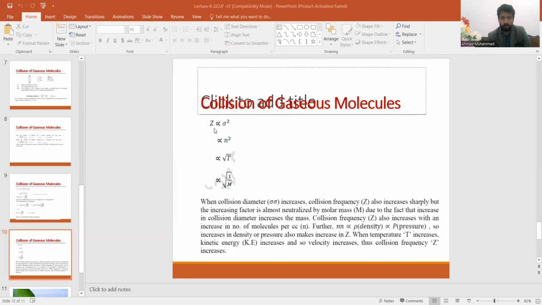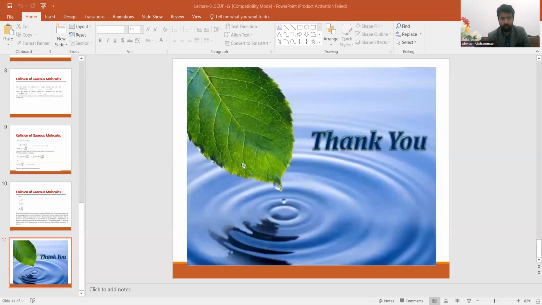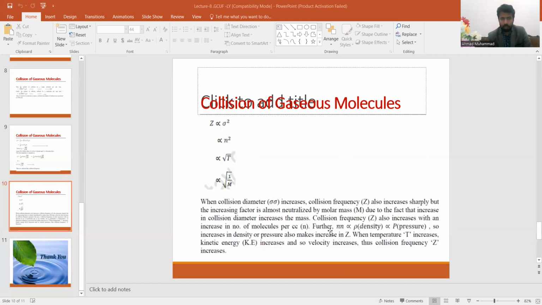Here Z is the collision frequency, sigma is the collision diameter of the colliding molecules, n is the number of molecules which collide with each other, T is the absolute temperature, and M is the molar mass of the gas molecule. So this is about the collision of gaseous molecules for homogeneous collision.